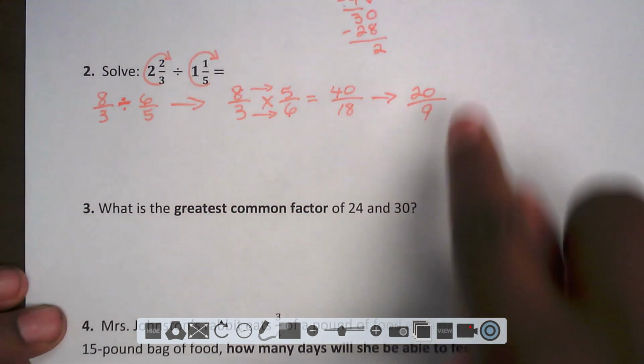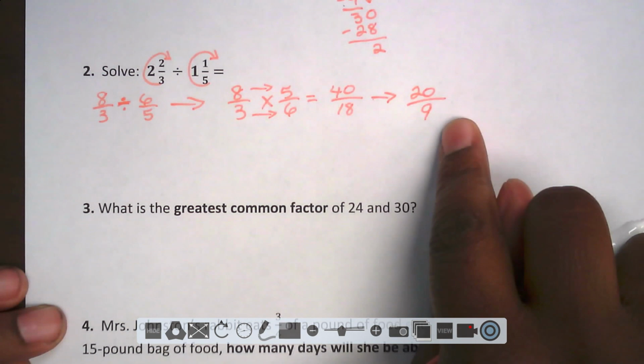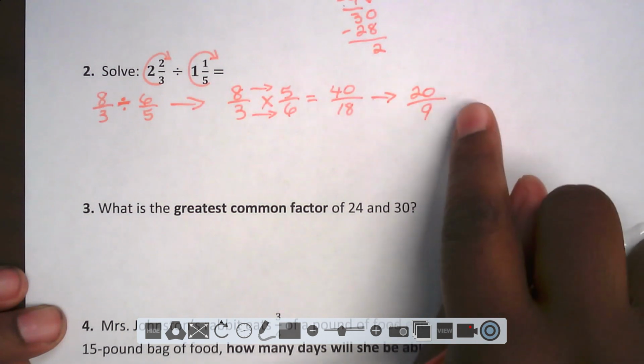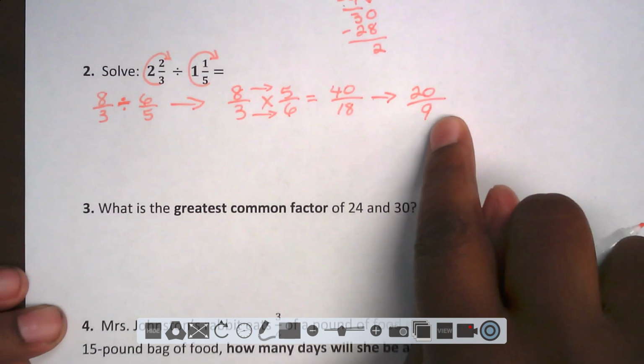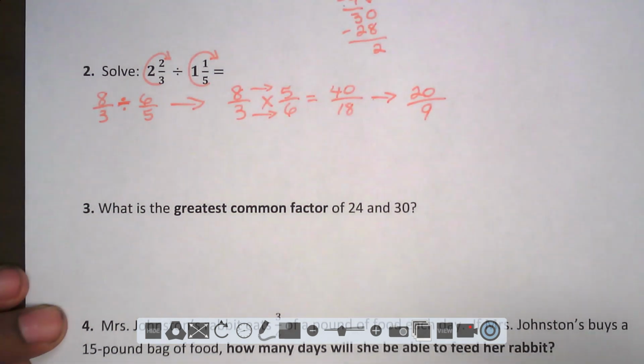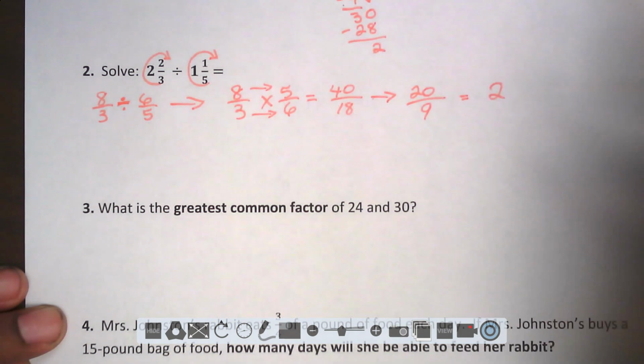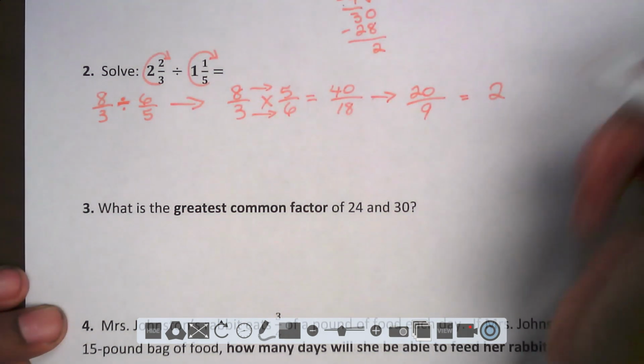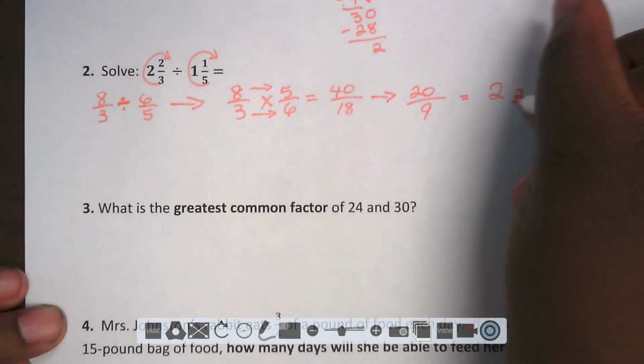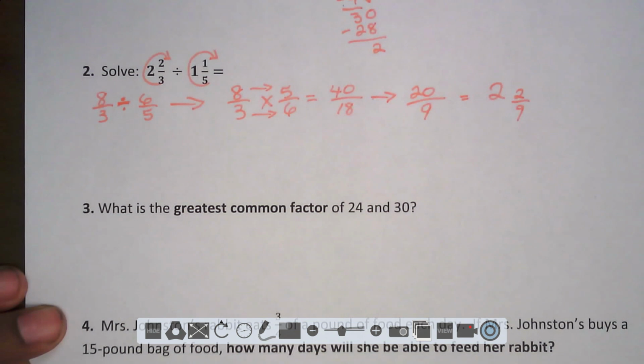So 20/9 is our answer. But now let's make this into a mixed number. 20 divided by 9. I can pull 2 whole groups of 9 out of that 20 with 2 of the 9s left over. So 2 2/9 is our final answer.